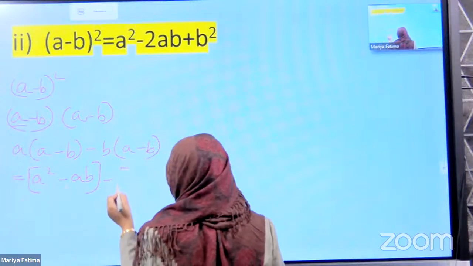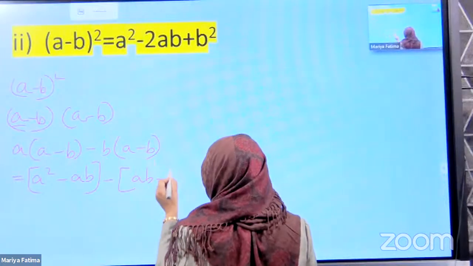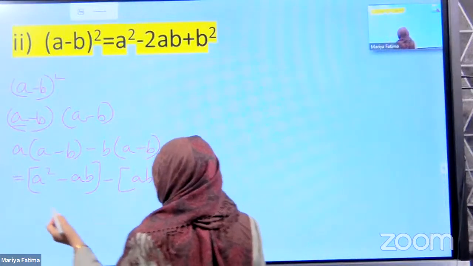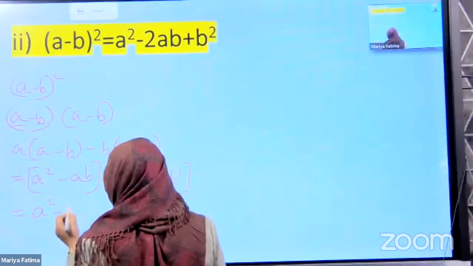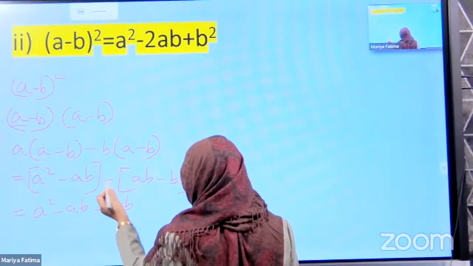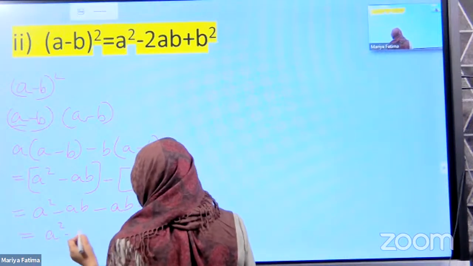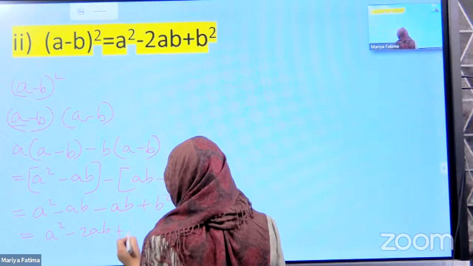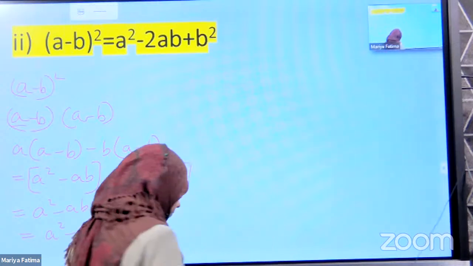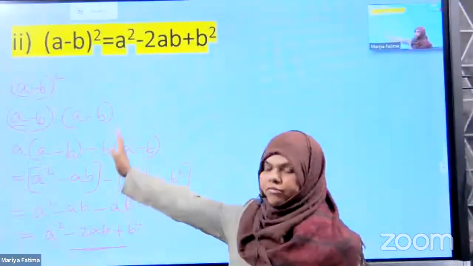Okay, then minus B into A will become minus AB, then plus B square. Okay, now A square minus AB, when you are opening this bracket, it will become minus AB, minus into minus will become plus. So A square minus 2AB plus B square. Okay, so this is the proof of this.